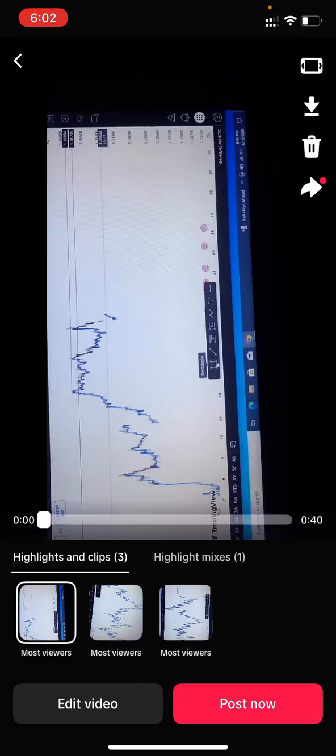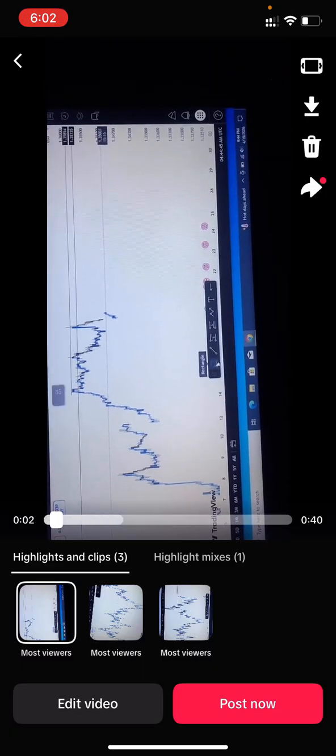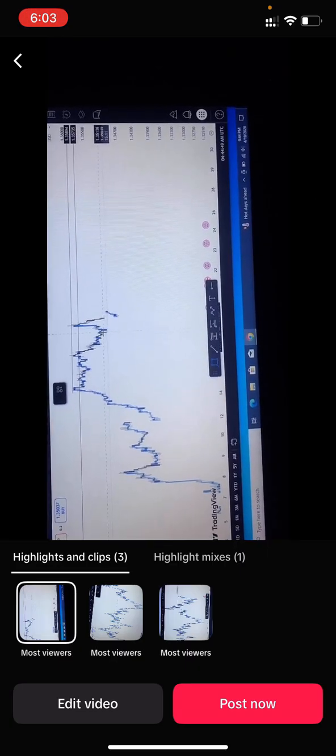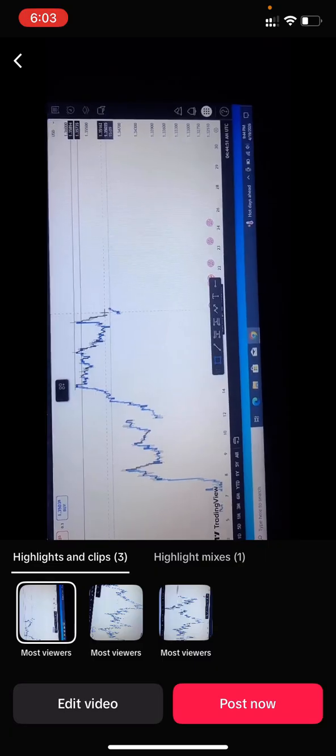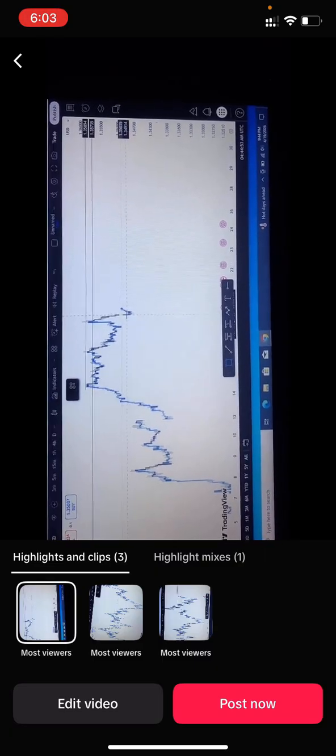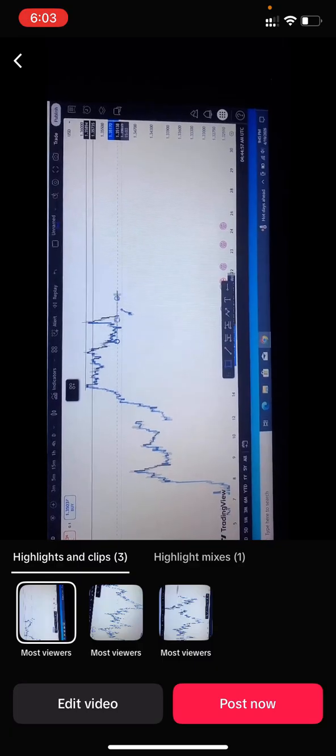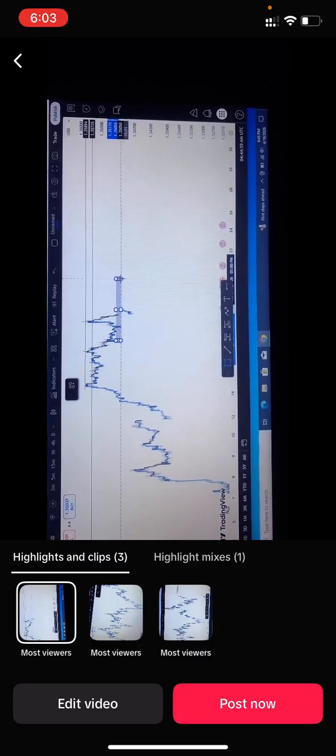Remember, this was previously a support level, but once the market breaks through the support level, it has already turned into a resistance level.